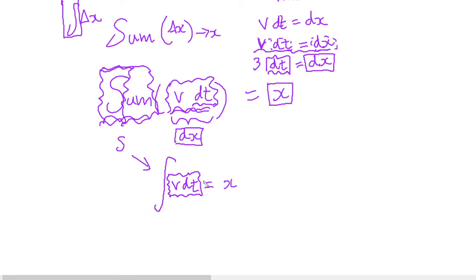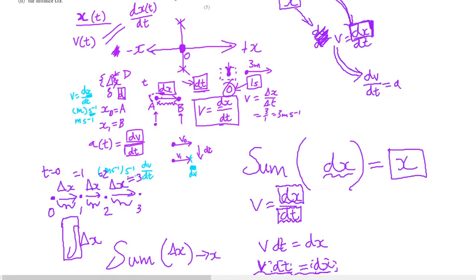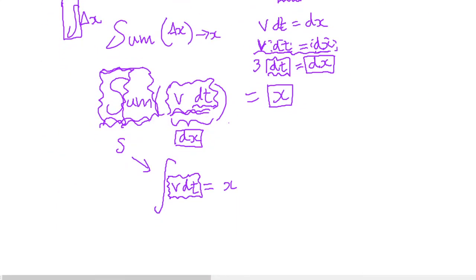And this extends to our acceleration thing, because acceleration is the change in velocity over time. So you can see how multiplying both sides by the change in time, acceleration of a particle multiplied by the time in which that acceleration is allowed to take place gives us a change in velocity.